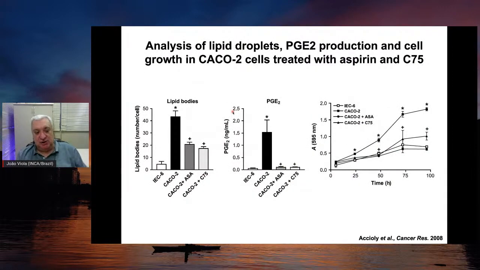Also, as I showed you before, CACO2, a colon cancer cell, has more lipid droplets when compared with non-transformed cells.